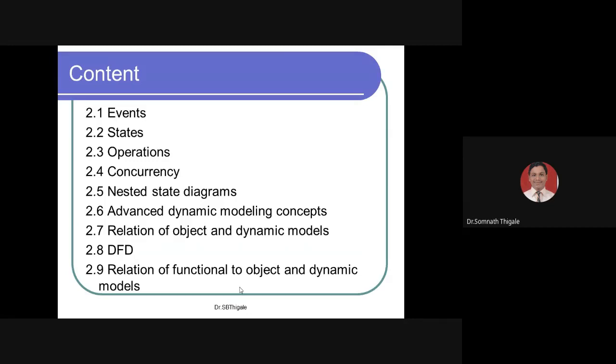The entire dynamic behavior of your project-related operations or activities can be represented with the help of the state diagram. Another notation we can use is the data flow diagram. Apart from the state diagram, we can represent scenario-based applications with a sequence diagram or a collaboration diagram. That part we are going to cover in this unit.